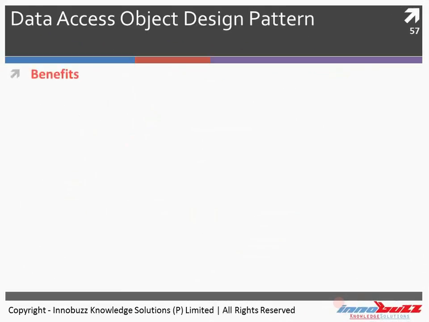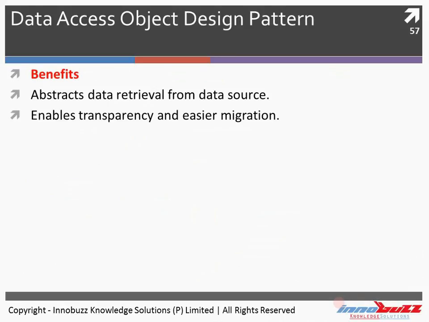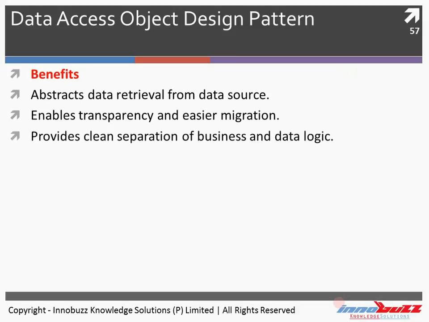Data access object design pattern benefits: abstracts data retrieval from the data source, enables transparency and easier migration. So you can easily migrate from any of the databases. You can migrate from Oracle to MySQL or any kind of database, SQL Server. So migration is easier when you use these data access objects.